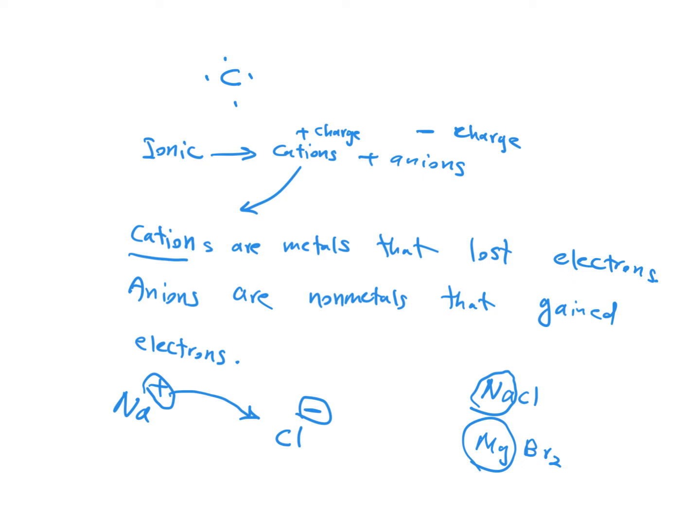You don't have a metal. The other type of bond is covalent bond. And in covalent bonds, atoms share electrons. So for an ionic compound, we said 1 atom loses an electron, the other one gains it. But for covalent bonds, atoms share electrons.